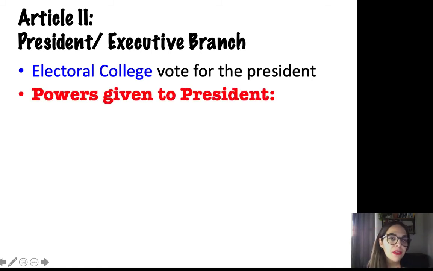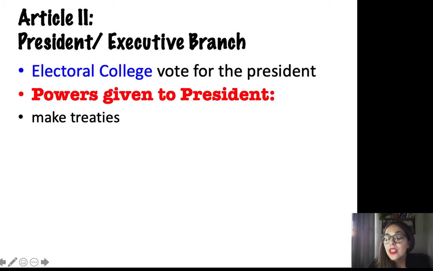Let's talk about some of the powers given to the president, okay? The president of the United States can negotiate treaties, okay? They can go to another country, or other dignitaries can come here and they can negotiate that treaty. However, those treaties need congressional approval, right? They need to be approved by the Senate. So again, that's part of the checks and balances there.